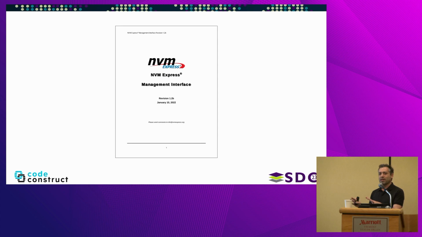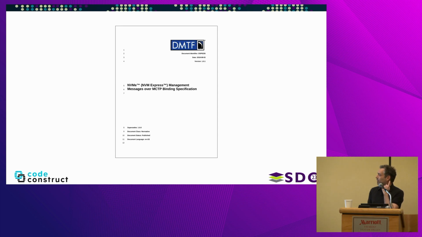It's nowhere near the full comprehensive set of things we can do over NVMe, but focused on management of the device in terms of looking at a bit of inventory information, things like thermal monitoring. We have temperatures available over this NVMe-MI interface, and it's defined to run over MCTP.